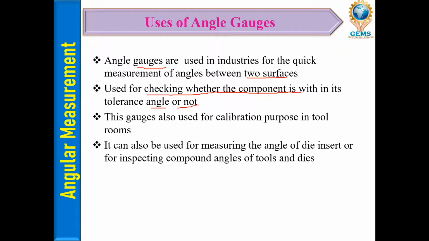These gauges are also used for calibration purposes. I told you that slip gauges are also used for calibration purposes, and angle gauges are also used for calibration purposes. Suppose you want to calibrate angular measuring devices like bevel protractors and other things, at that time these angle gauges will be used. They are also used for tool room applications. They are used for measuring the angle of a die insert and for inspecting compound angles of tools and dies.